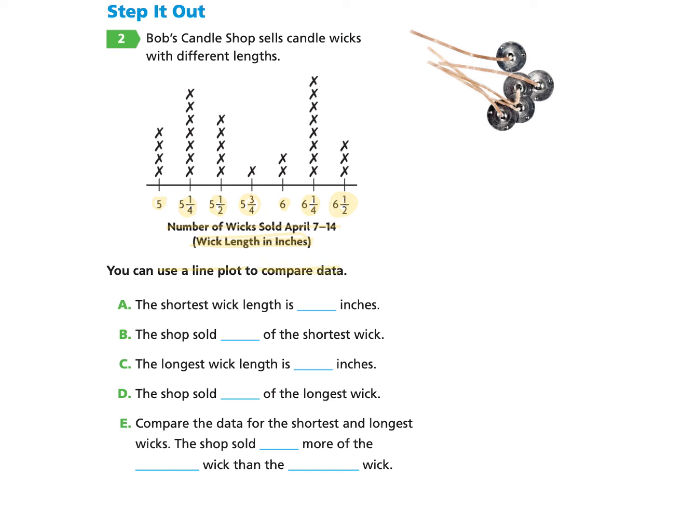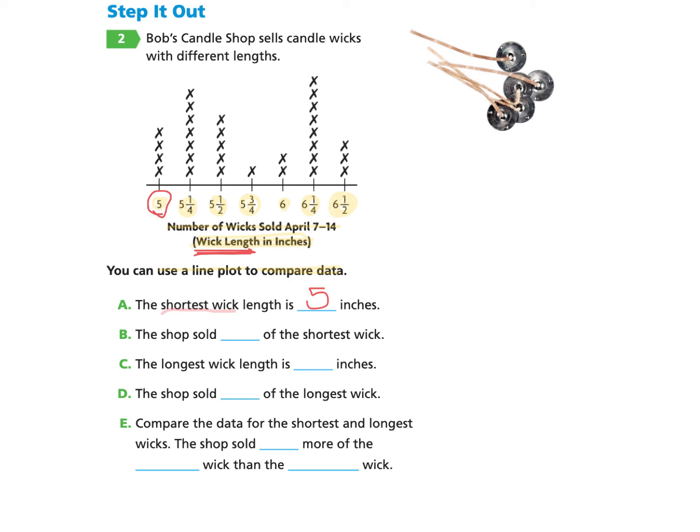Okay, let's take a look at part A. The shortest wick length is blank inches. See if you can find the shortest wick length in inches. That's right. The shortest one would be 5. That's the smallest wick length, which would be right here. So we can write in 5 inches.